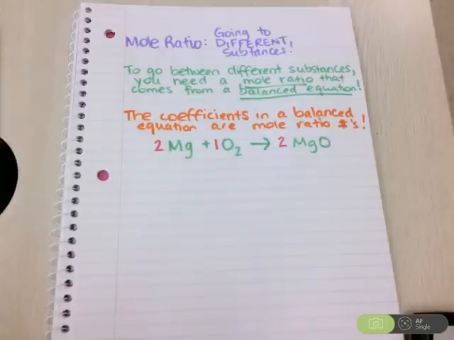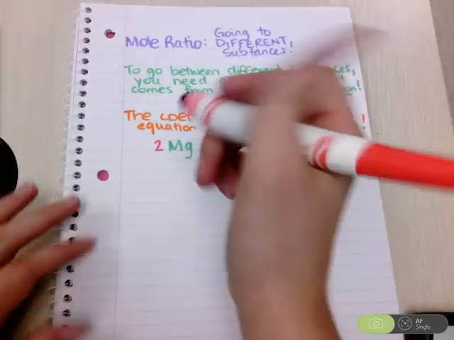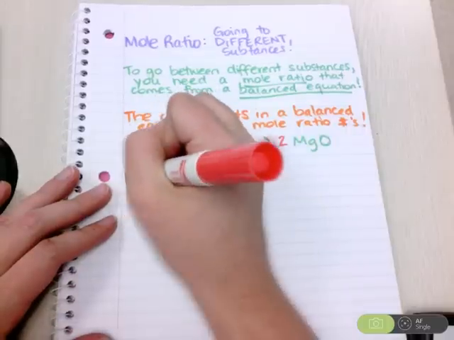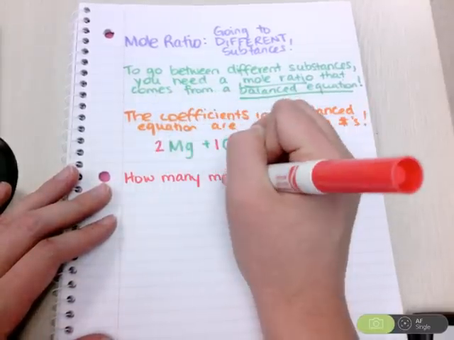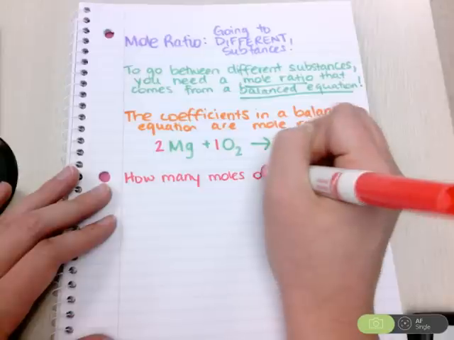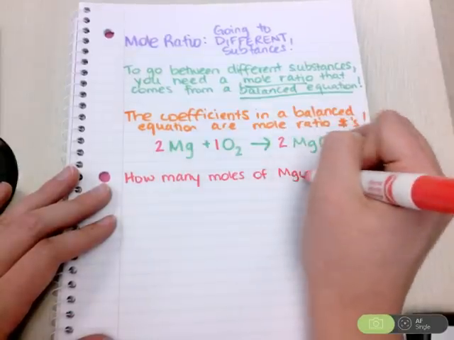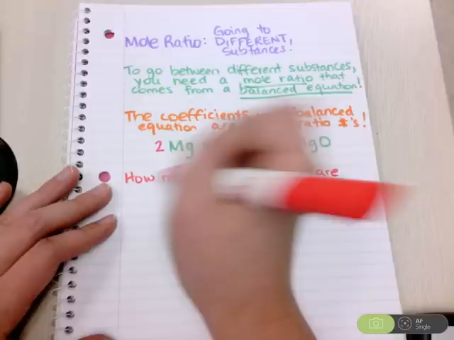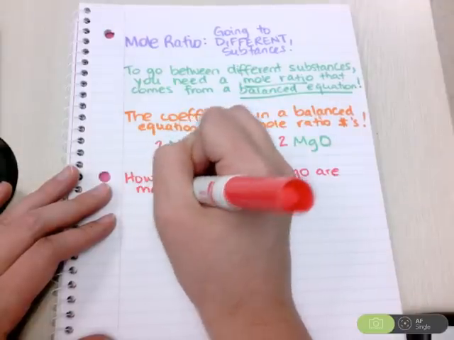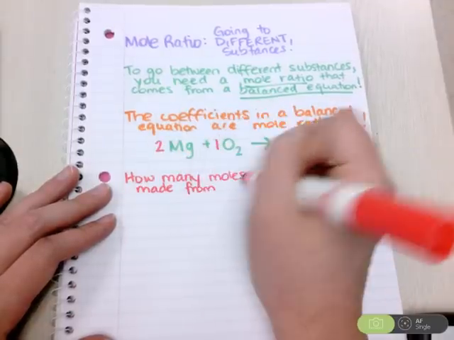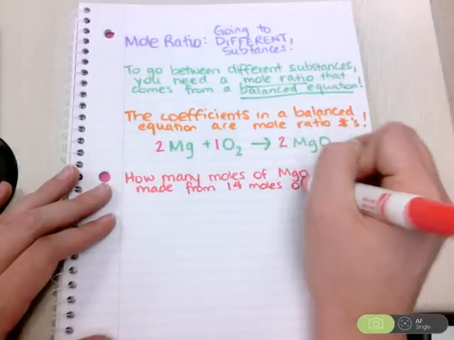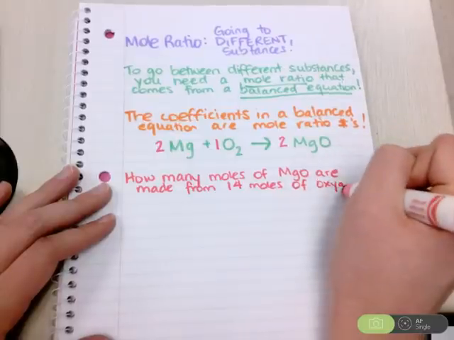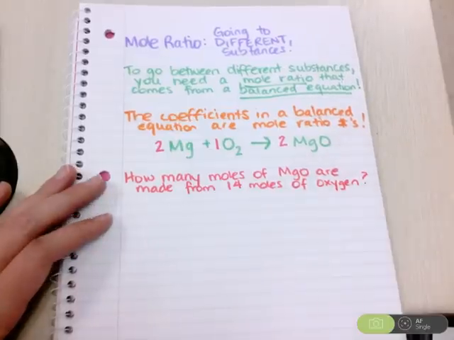The question might read, how many moles of magnesium oxide are made from 14 moles of oxygen gas? Okay?